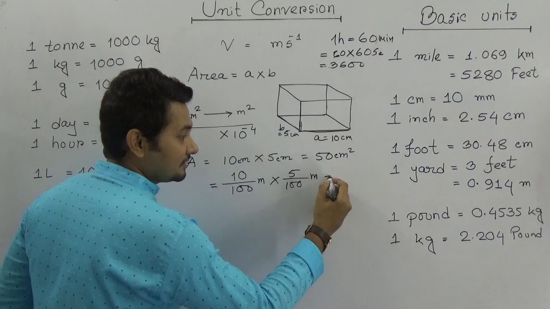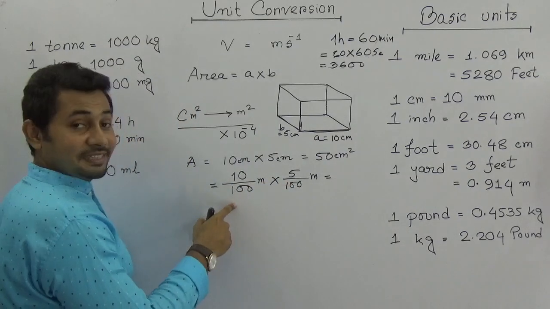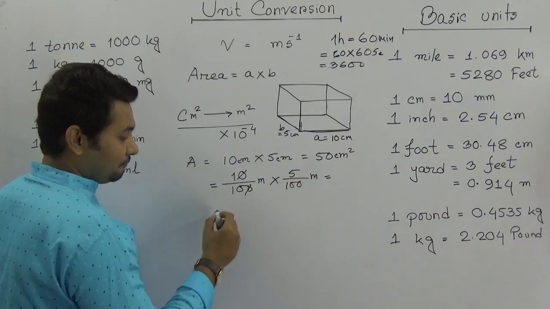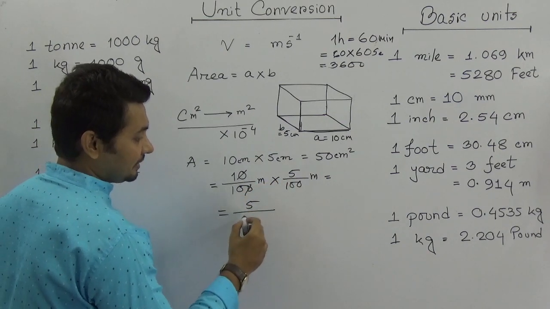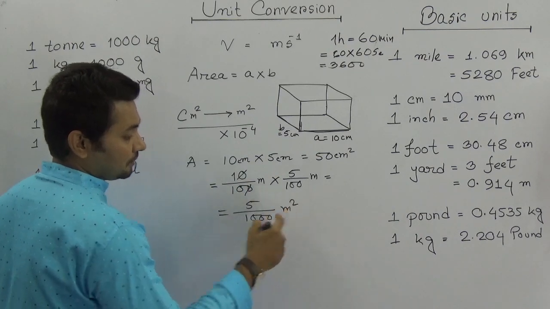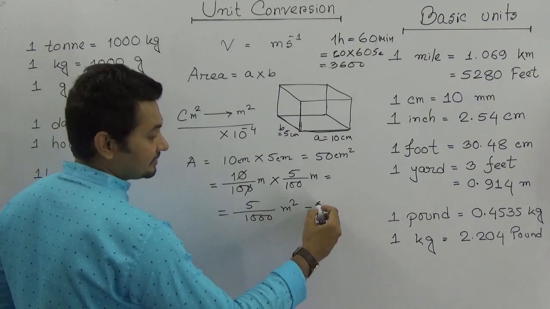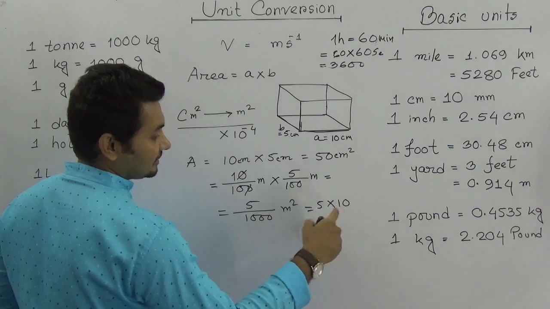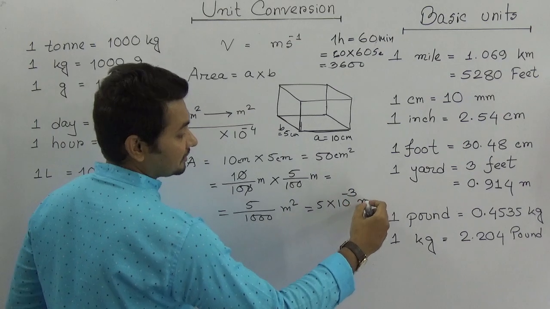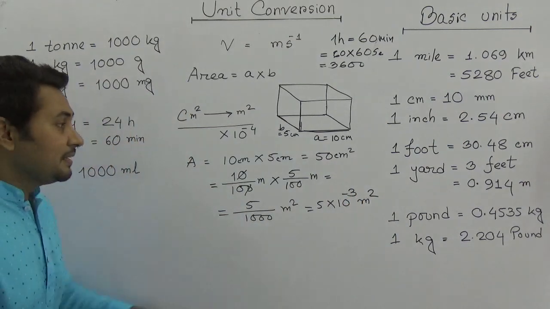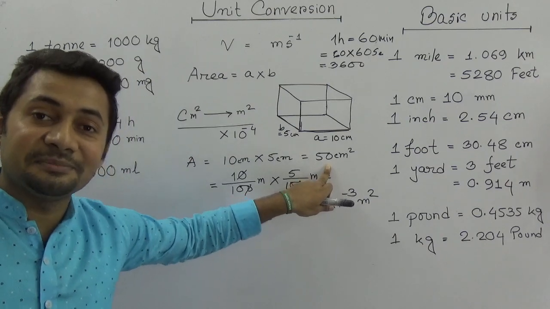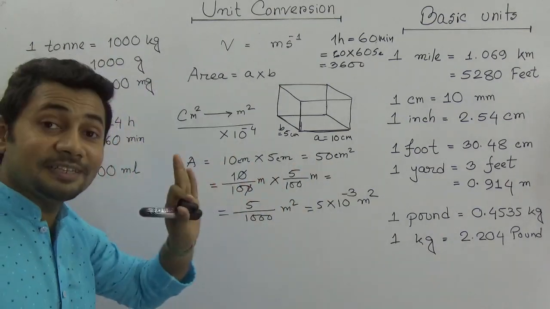So now you got this. Simply we can say that is 5 divided by 1000 meter square. So we can say this is 5 times 10 to the power minus 3 meter square. But right now, if I directly change this centimeter square to meter square, what will happen?